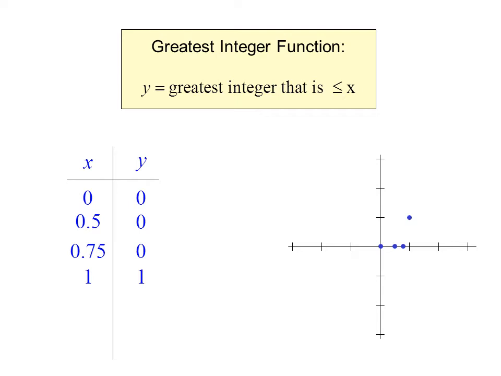We could continue picking points until we filled in the line segment. And it would look like this, with a solid dot at the left and an open circle at the right. Now, if we try x equals 1.5, the greatest integer that is less than or equal to 1.5 is 1.